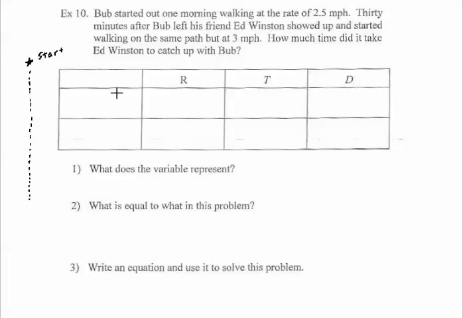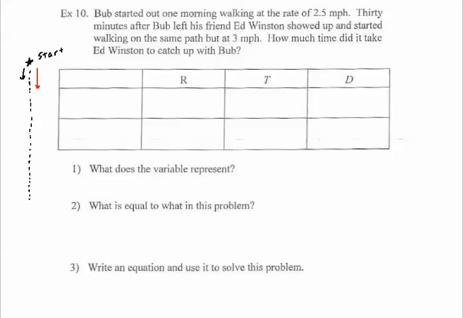Okay, so Bub starts out 2.5. He's going kind of slow, so I put a small arrow there. And on the other side, I'm going to write a slightly longer arrow for Ed Winston, his friend.